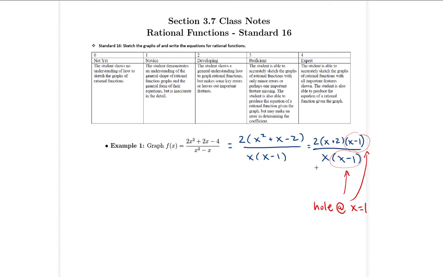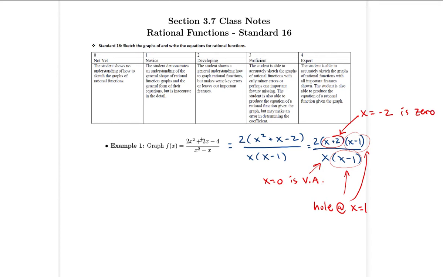Then, of course, this x here is a vertical asymptote. X equals 0 is a vertical asymptote. And then this is telling me my zero, right? Whenever we make the top 0, which we do by letting x be -2, that gives us a 0. All right, and then the only thing that we haven't really addressed yet is the horizontal asymptote.